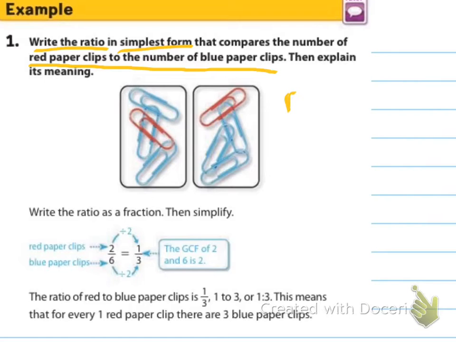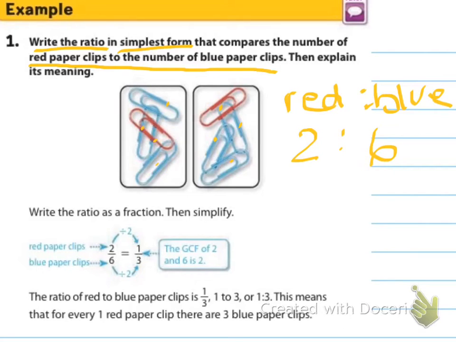It would be a good idea to go like this: red to blue, and I'm putting my little colon there. Underneath the red, I'm going to count how many red paper clips I have. I've got 1, 2 red paper clips. And for blue, I'm going to count them: 1, 2, 3, 4, 5, 6. I have 6 blue paper clips.